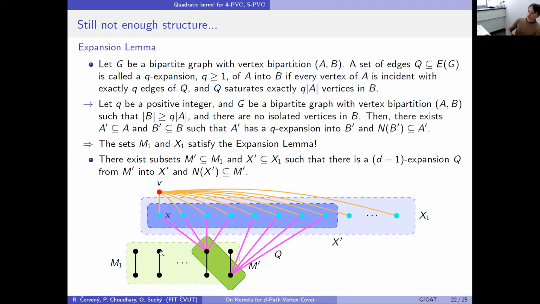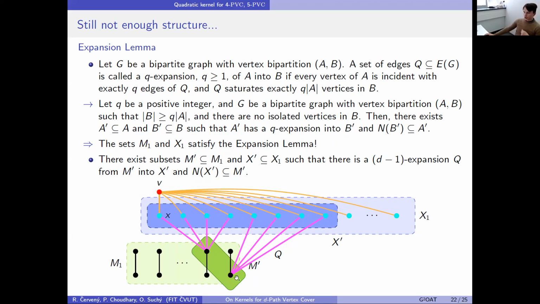And the expansion lemma gives us the following structure. It will pick for us some vertices from M1, these dark green vertices, and it will pick some edges going from these vertices to some subset of vertices in X. In this case, we are looking at a 4 expansion of those vertices. That just means that from this vertex, there are some 4 edges going to 4 vertices.